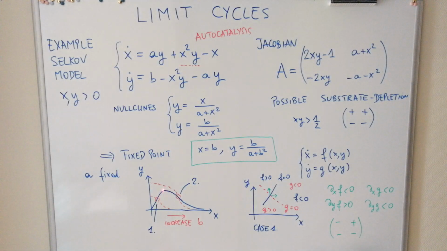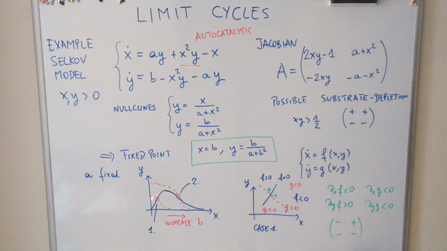So as I increase b, I go to situation 2, and there is always an intersection, because the first nullcline decays for large x as 1 over x, but the second decays as 1 over x squared. So the dashed line decays faster at large x, so there is always an intersection in one point. Okay, and this is the only point.